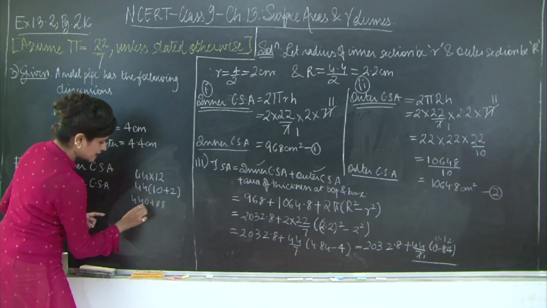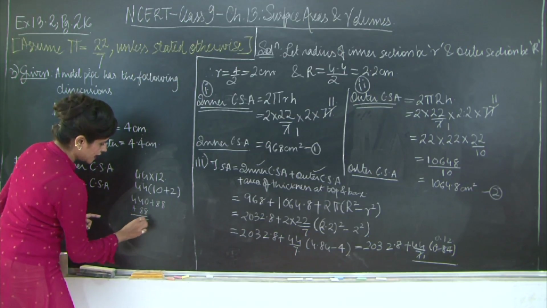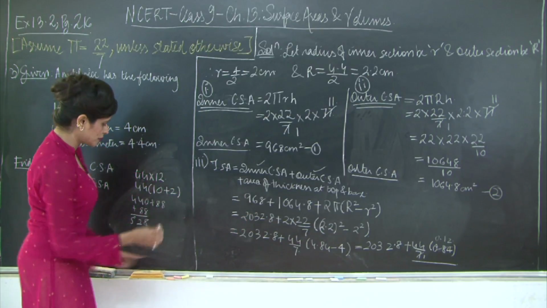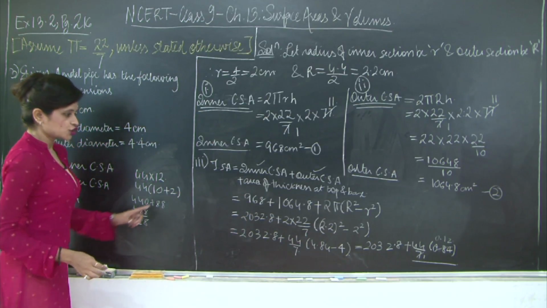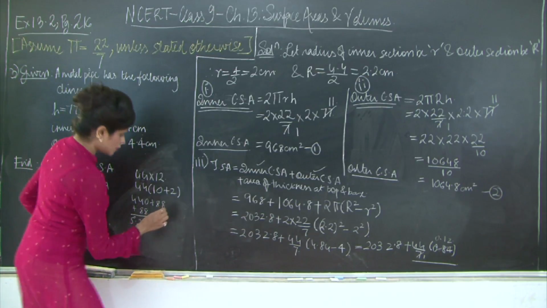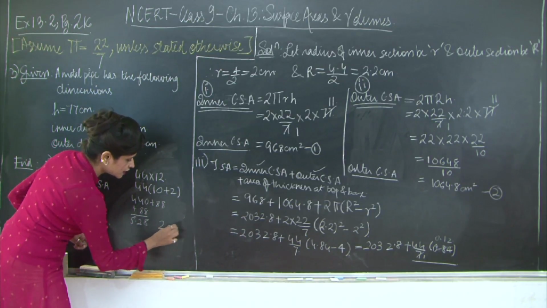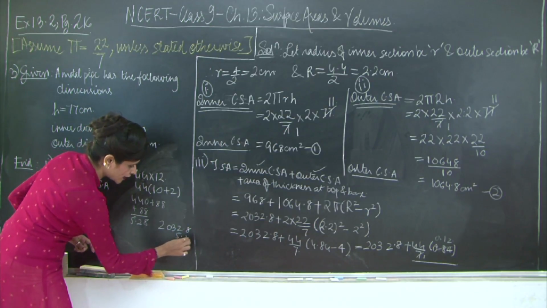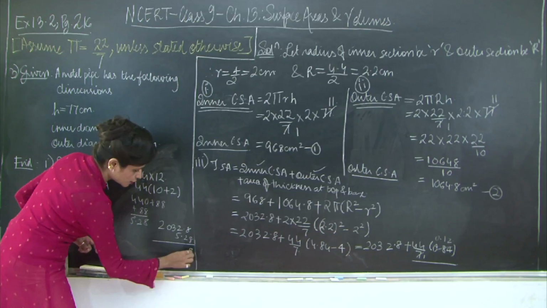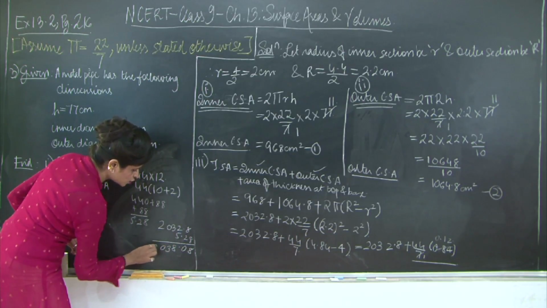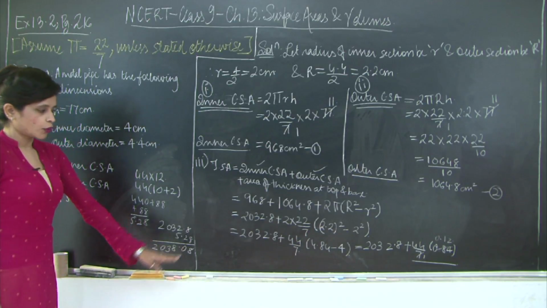When you add 88 to this, you get 528, but we have two decimal places, so 5.28. So you need to add 2032.8 to 5.28. So this is going to be 2038.08.